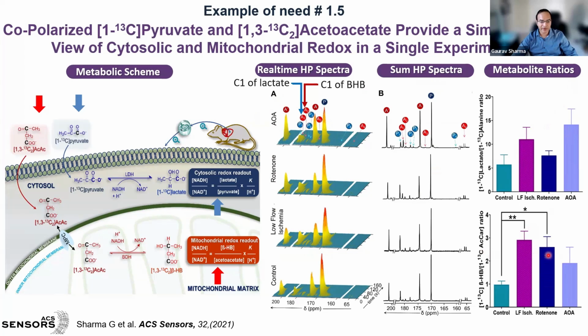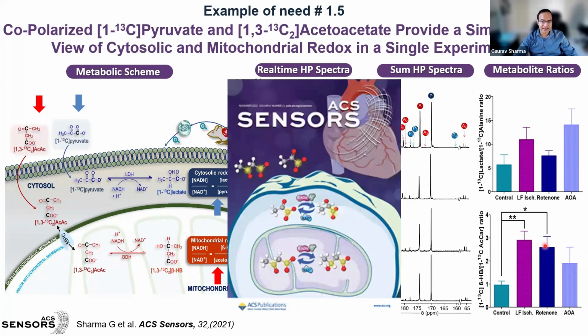When we look at the mitochondrial redox, we see a significant difference in the low flow and rotenone groups. We infer that this data is telling us the mitochondrial redox is much more sensitive than the cellular redox for these groups. And we published this history on the cover of ACS Sensors.